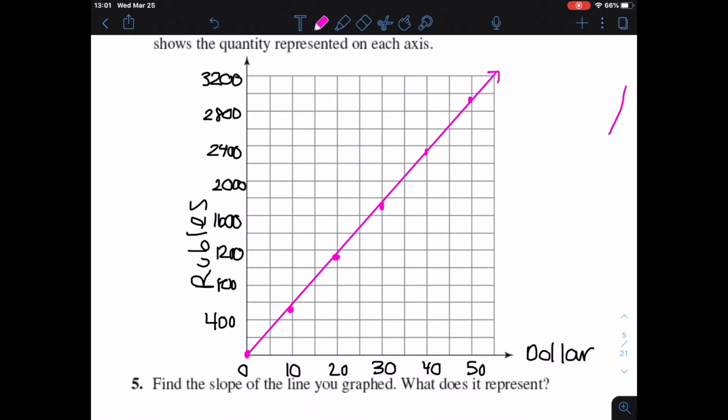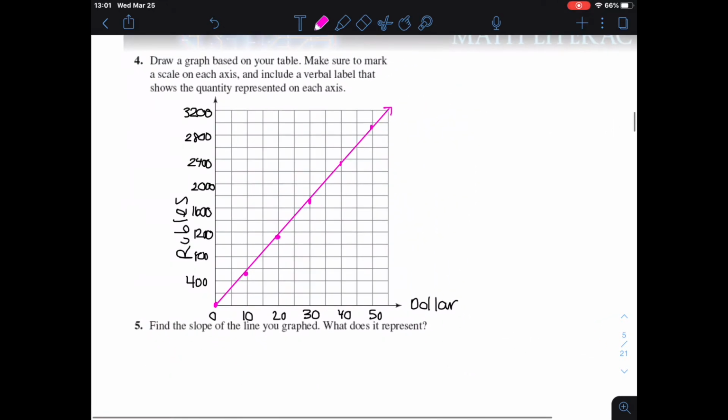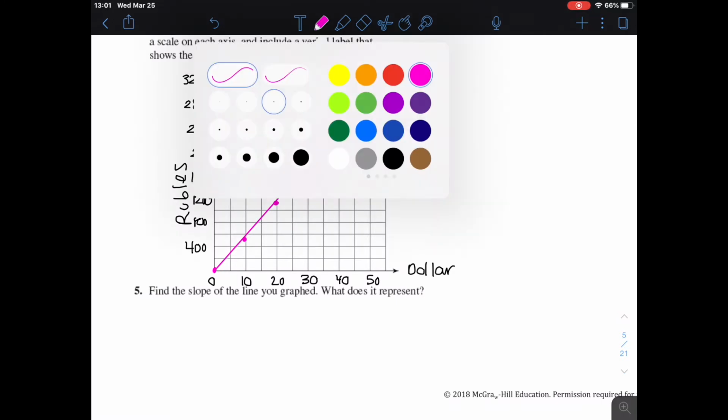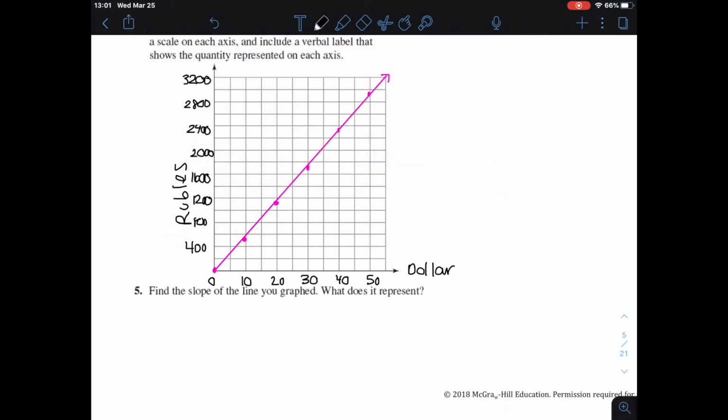So we have the picture for our graph. What we want to figure out is the slope of the line of this graph. You can take any 2 points you want. I'm going to pick the first one, 0, 0, because it's really easy. And then I'm going to pick the point when we have 10 US dollars, 584 rubles. Remember, to find the slope, you look at the difference in the y values, and you have to keep the same order. So we'll start with the 584 and subtract the y value.